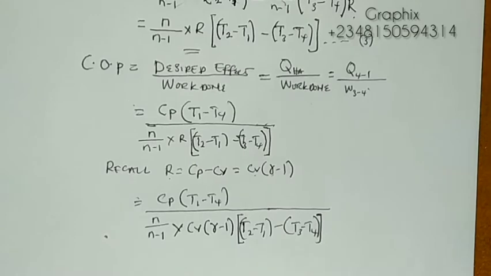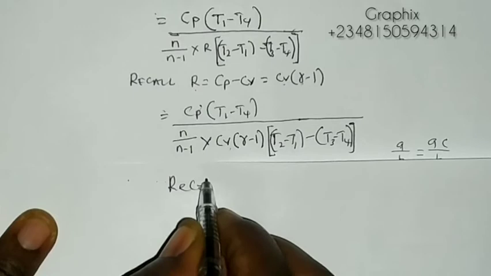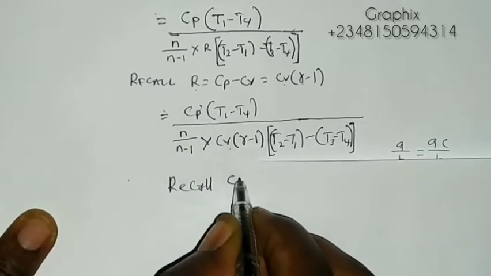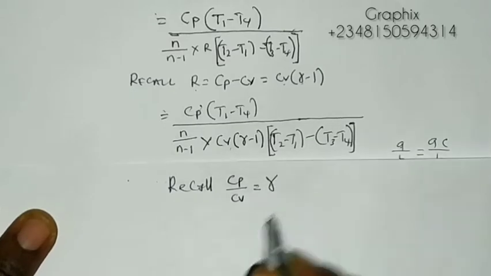So from here, recall, Cp over Cv gives us gamma.